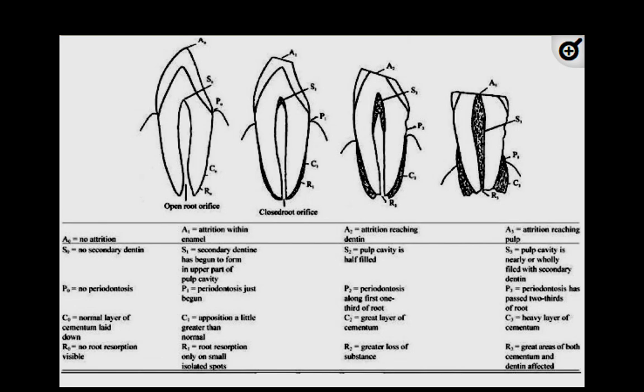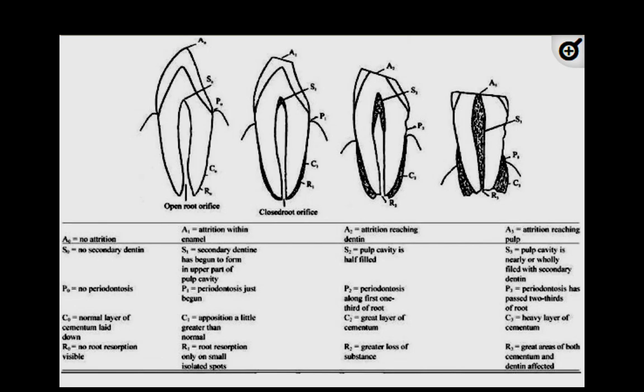Then in the third picture you can see A2, attrition reaching the dentine, and S2, pulp cavity is half filled with secondary dentine deposition. And P2, periodontosis along the first 1/3 of the root, and C2, a greater layer of cementum, and R2, greater loss of substance, that's root resorption.